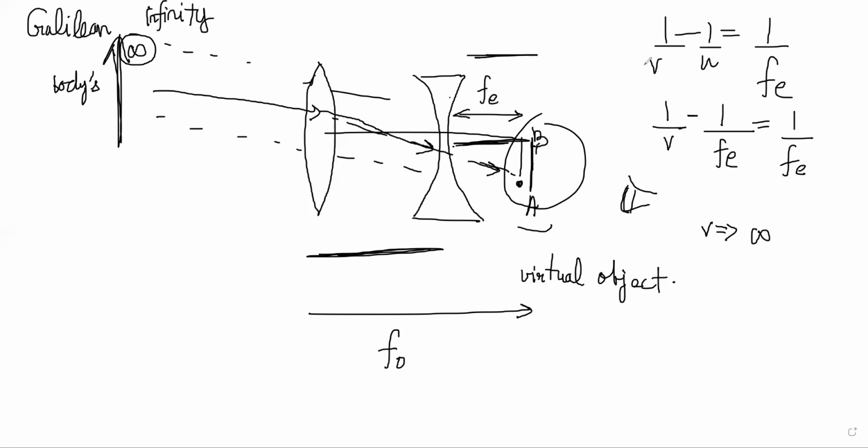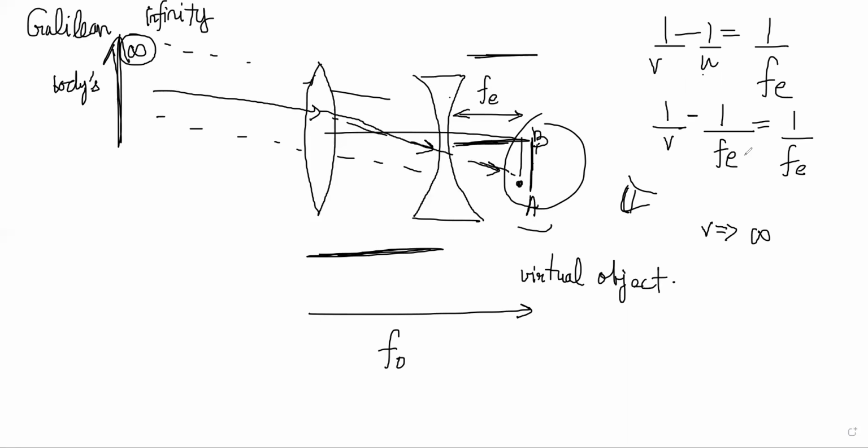The lens formula is written correctly, right? Wait, FE is negative for the lens, right? It's a concave lens, so FE is negative.